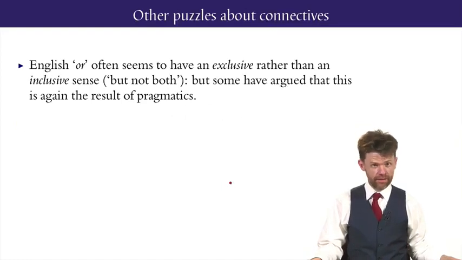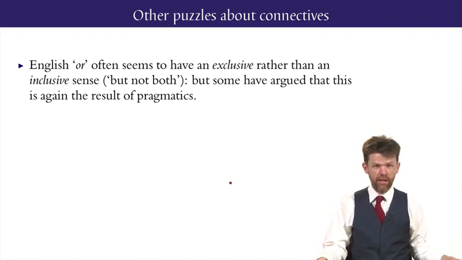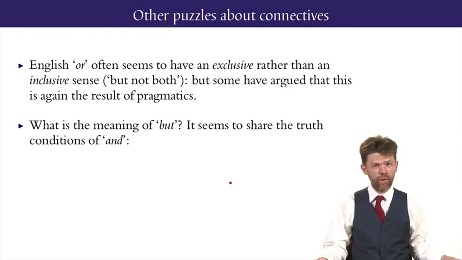Now, there are other puzzles about connectives that you could look at using implicatures and pragmatics. Or, in English, often seems to have an exclusive rather than an inclusive sense, and some people have argued that this is to be explained in terms of pragmatics. You can also see pragmatics in the way that we use the word but. It seems to have the same sort of truth table as the word and.